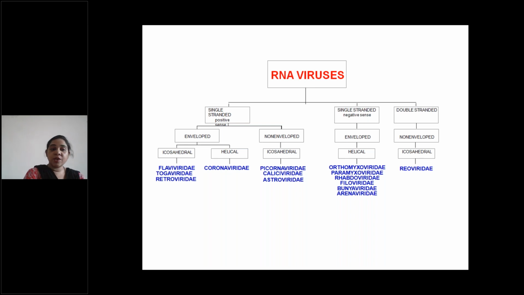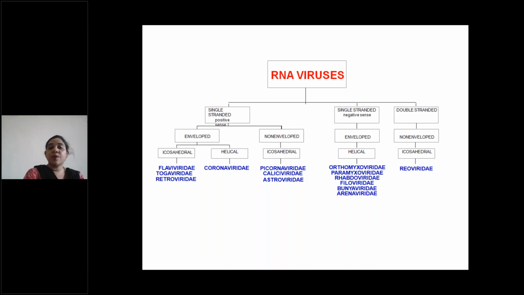If it is icosahedral, then they may be flavi, toga, or retroviridae. If it is helical, then they may be coronaviridae. Next, single-stranded positive sense RNA viruses which are non-enveloped may be picornaviridae, caliciviridae, and astroviridae.